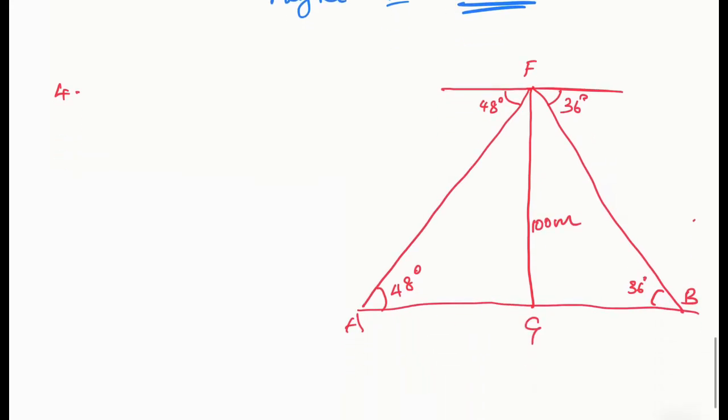How do we find the distance? So you can use these two triangles, right? Triangle FAG and triangle FGB. Correct? Using these two triangles, you can find the value of AG and GB. Then adding them up, you get the distance between the two ships. Okay? So let us start from triangle AFG.